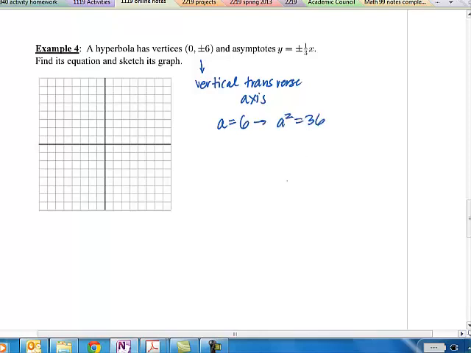I think that's as much information as we can get from that part. We could sketch those on the graph. 3, 4, 5, 6. 1, 2, 3, 4, 5, 6. And the asymptotes are y equals plus or minus 1/3 x.